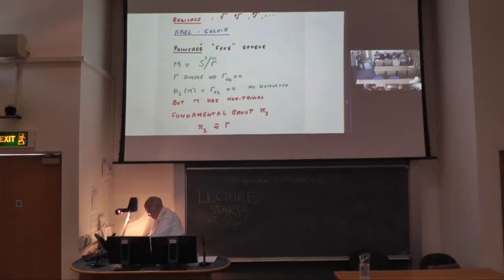And this was the source of a famous discovery, mistake, whatever you like, of Poincaré, who originally thought he found this space was a sphere, but he realized there was something other than homology, which was the only tool available in those days, and he invented the fundamental group to explain what was going on, and that's the beginning of modern homotopy theory.